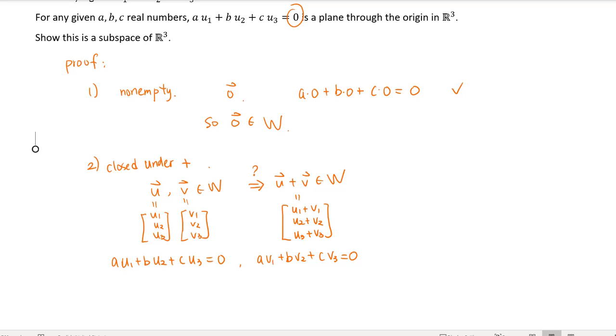To say whether these are in W, it's the same as checking whether A times (U1 plus V1) plus B times (U2 plus V2) plus C times (U3 plus V3) is equal to 0.